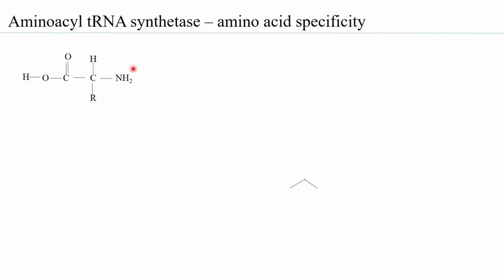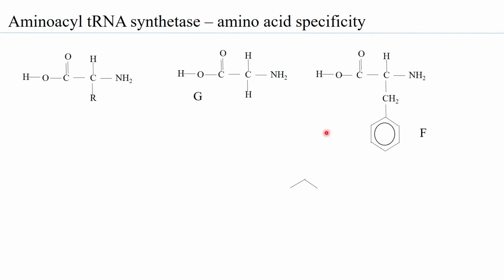So as we can see, every amino acid, this part of the amino acid is exactly the same in all amino acids. What is going to differ is the R group. Now, say for example you have glycine and say for example you have phenylalanine. Then structurally, glycine and phenylalanine are quite different with respect to the R group.